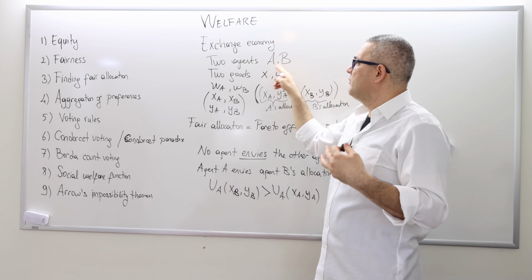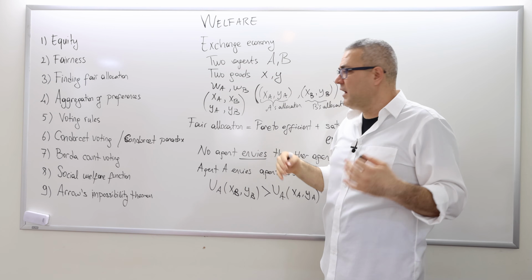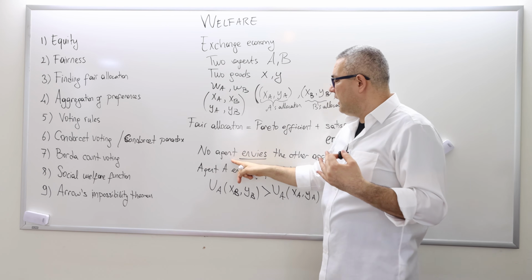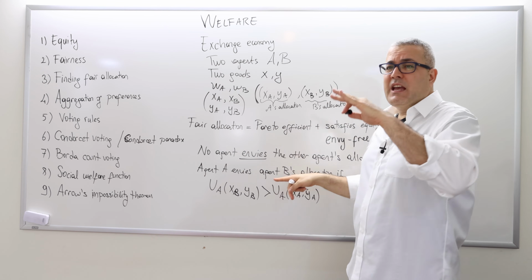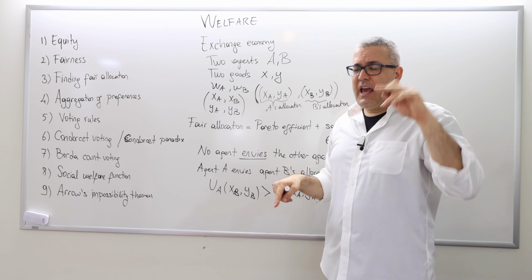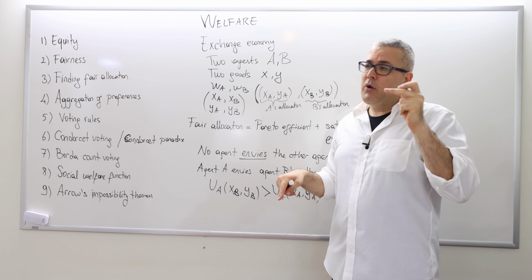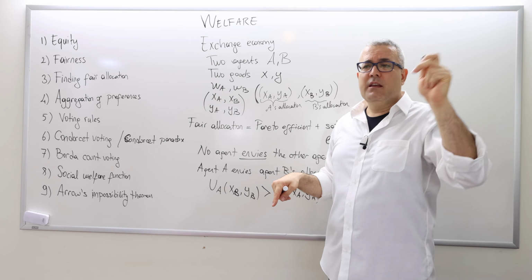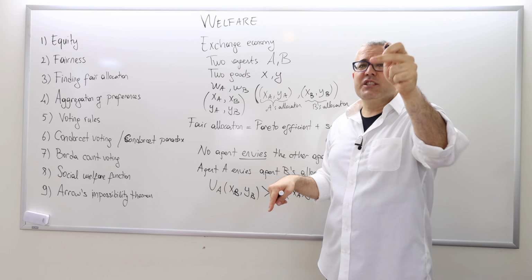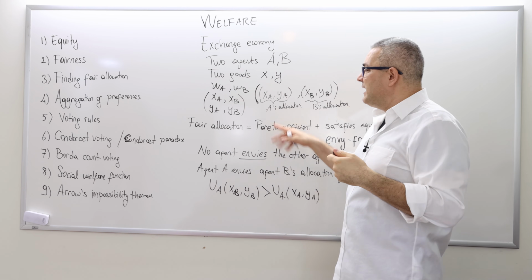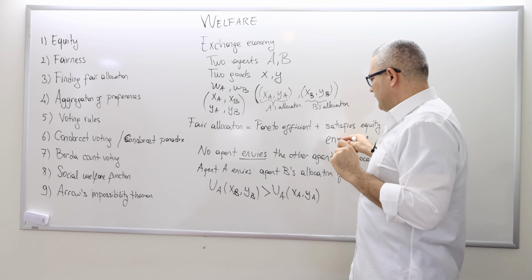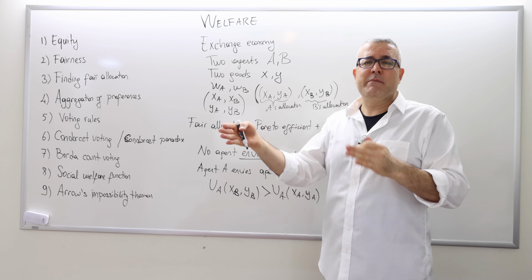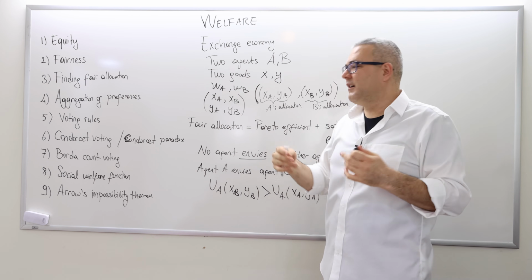The second thing: what if we have more than two agents, say five agents? Well, then again, no agent should envy any other agent. So if agent A envies, okay, maybe she doesn't envy B, but she envies agent D, then the allocation is not envy-free, because there is some envy going on in this framework.